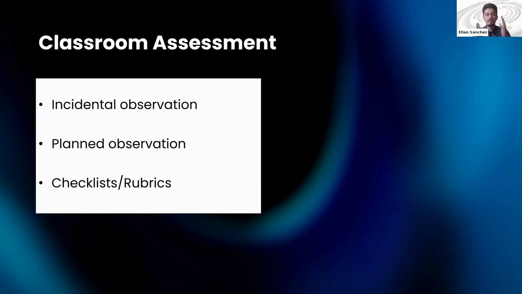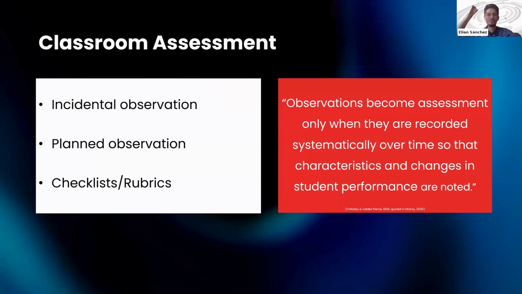Now, these incidental observations are going to be helpful. We can notice what is going on in our class every single day. But are they going to be as useful as an assessment tool if we just take a look during the class and then when I am grading students, I barely remember what I saw? Well, in those cases, we can formalize observations by planning them and recording evidence.